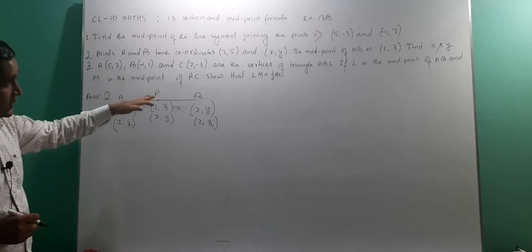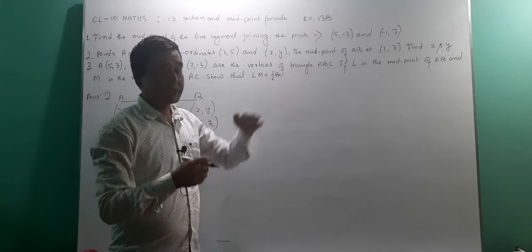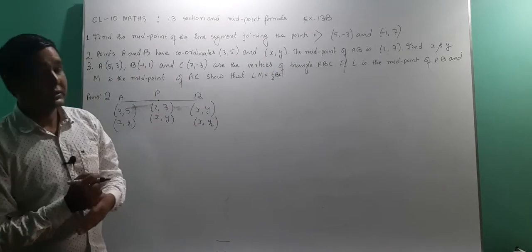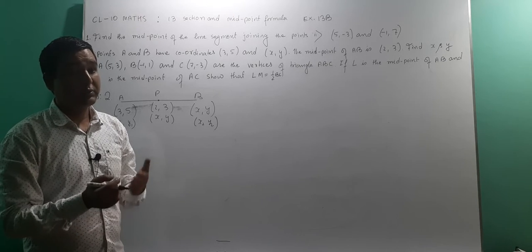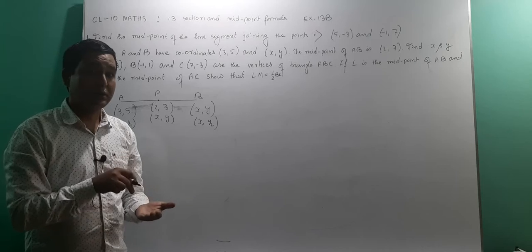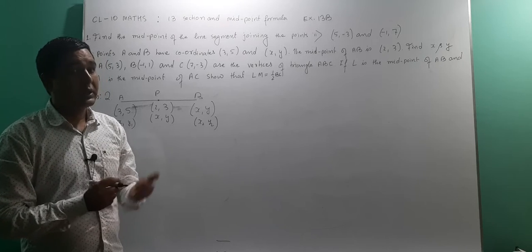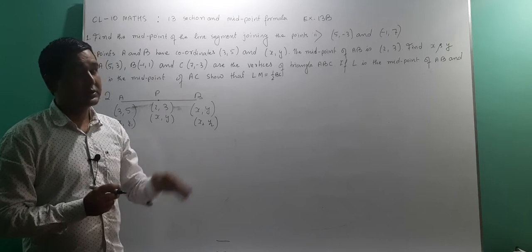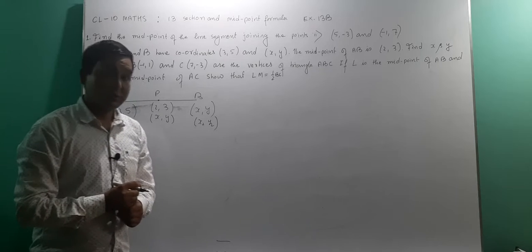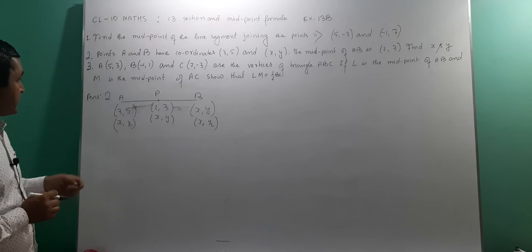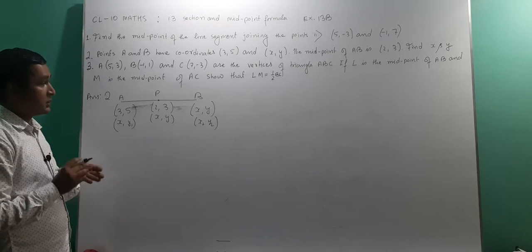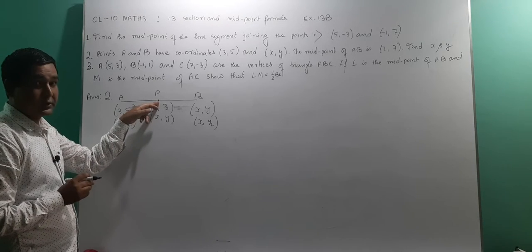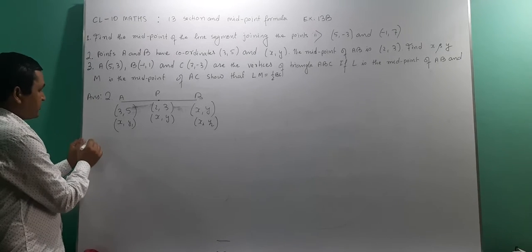The midpoint, bisector point, center of a circle all represent the same thing. Center of circle, midpoint, and bisector of a line all represent the same point. That's why we are going to use the midpoint formula, and the midpoint formula helps us to get the coordinate of this middle point.